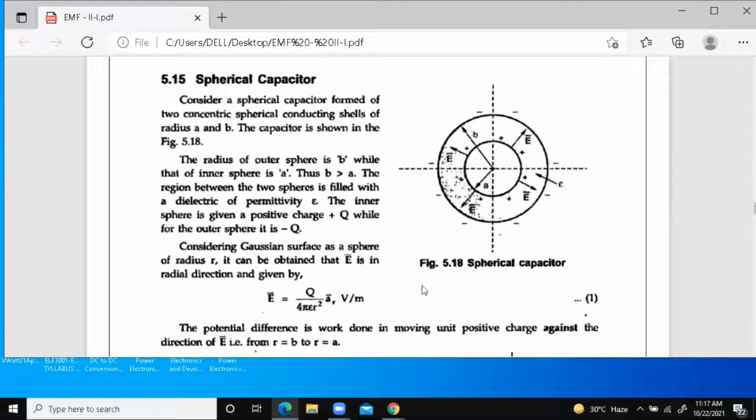Right? Look at it this way. Your inner sphere could be a point charge. So the fact that it gets a little bigger doesn't change your law.